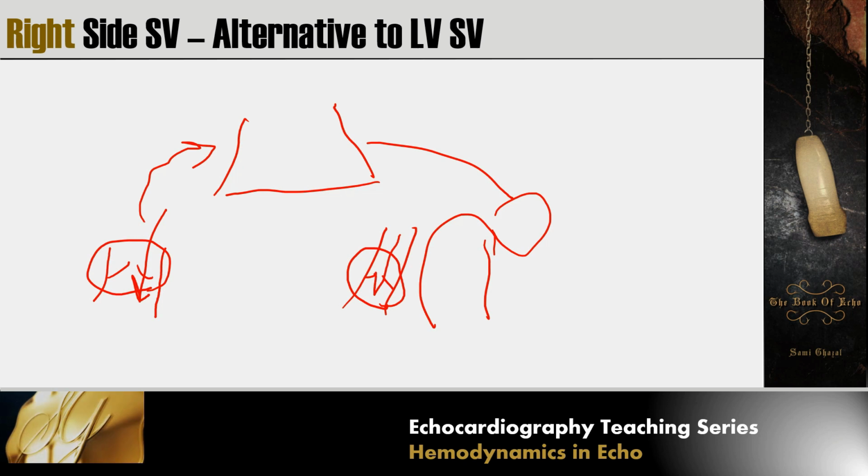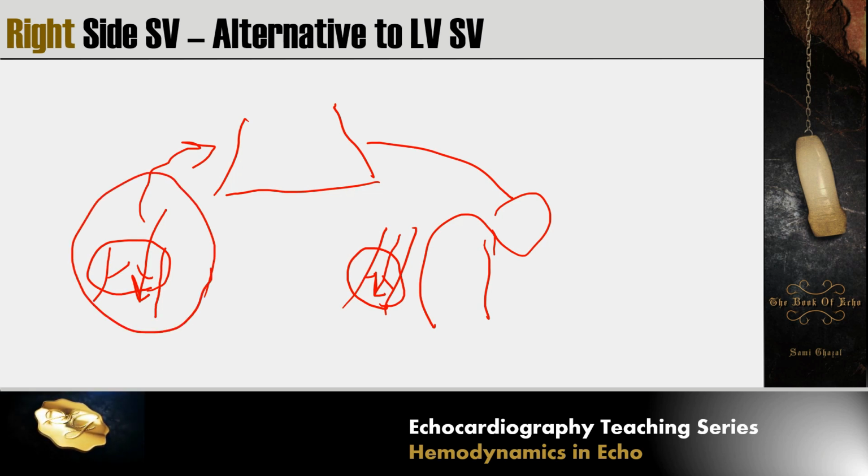Nothing will come back retrograde to the LV. In that case, if we cannot measure the LV stroke volume for any reason, we can measure the right side stroke volume as an alternative to the LV stroke volume.